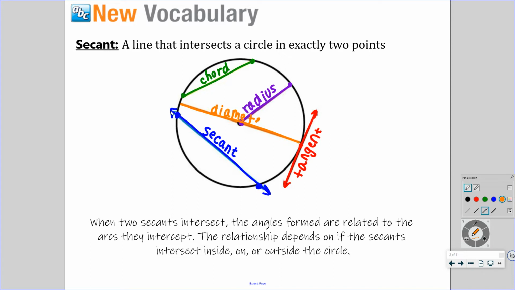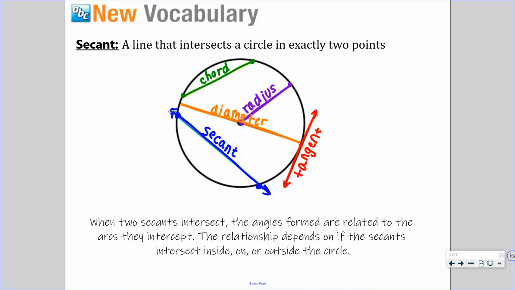Okay, so today, our lesson, we're focusing solely on secants. Some tangents kind of come back. But basically, if we have more than one secant line, they're going to obviously intersect each other unless they're going the same direction. But they're going to intersect each other, and there's a lot of special relationships with the angles that they form and the circle where they intersect the circle.